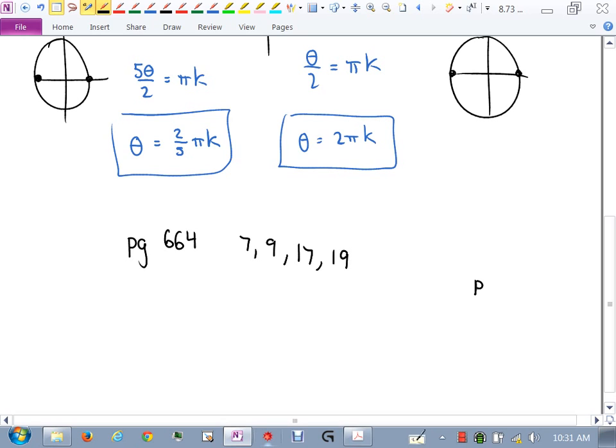Also, page 666. Page 666, just so you know, it has a summary of all the different formulas from this chapter on one page. So just so you know it's there.